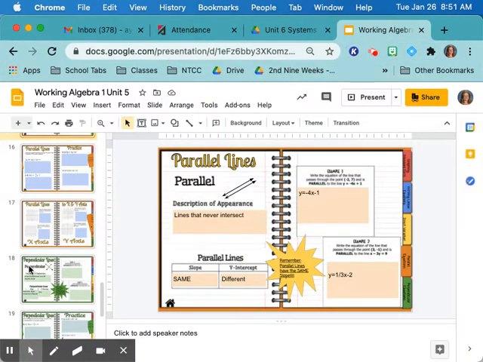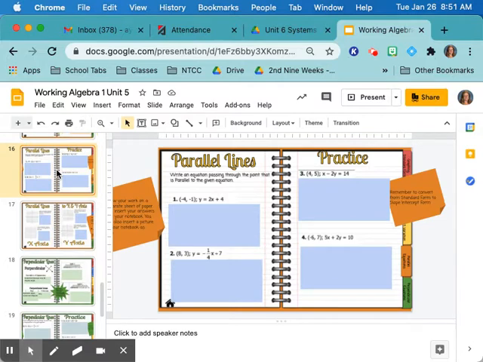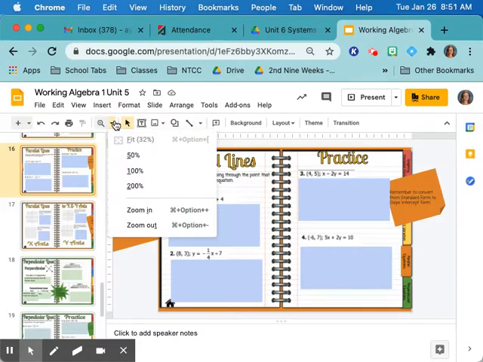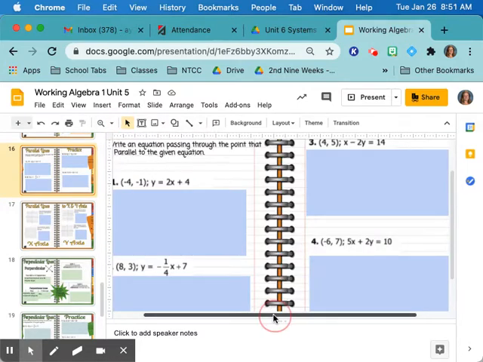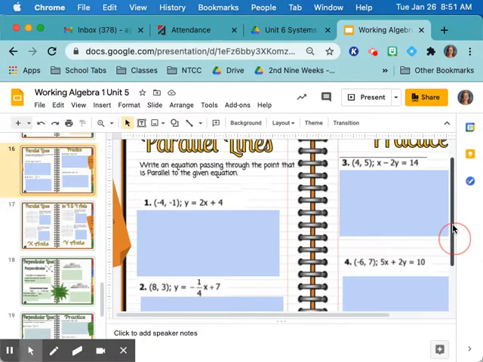Okay, so now let's look at our slides. We're going to work on the slides, and then you'll have a Delta Math assignment. So let's look at slide 16. It says, write an equation passing through the point that is parallel to the given equation. So let's open up a new page in our journal.